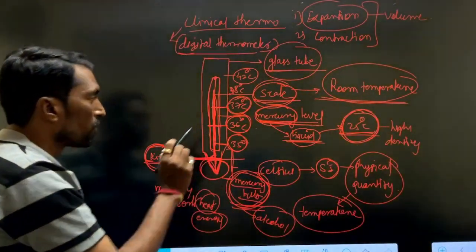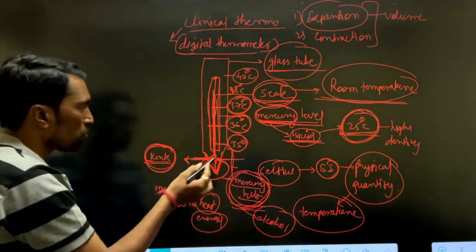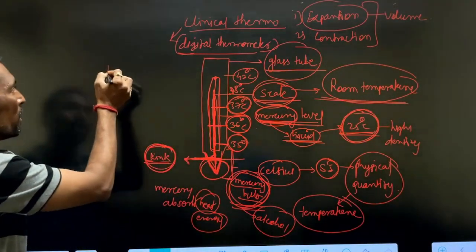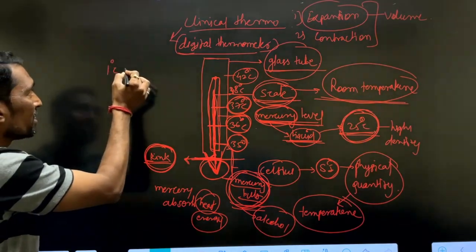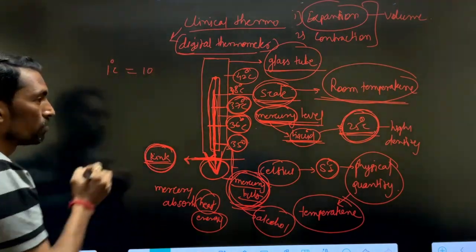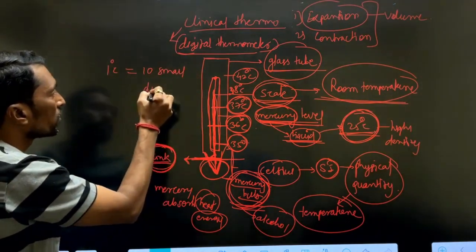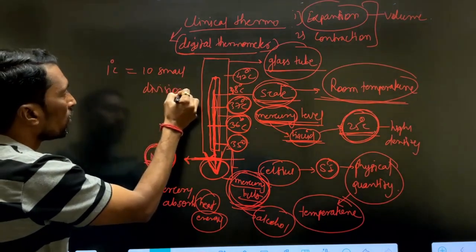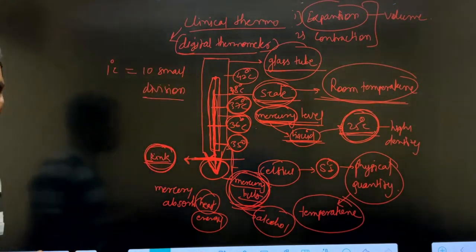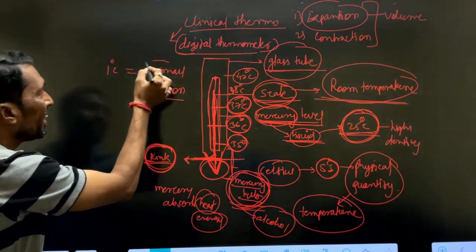For that, in one reading, 1 degree Celsius consists of 10 small divisions.